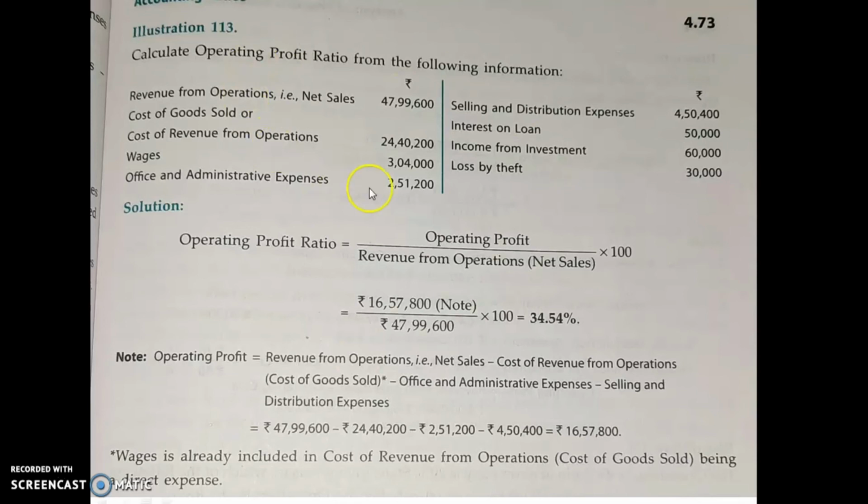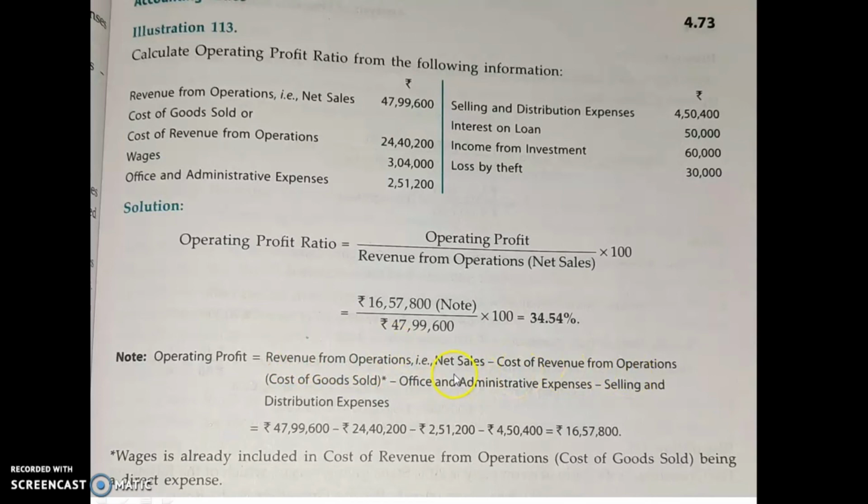So income items, that is operating income items, are not here. The income from investment is a non-operating income. So you have to be careful when you are identifying the items, whether it is operating income or non-operating income. Okay, children. So here we can use the formula: operating profit is equal to revenue from operation minus cost of revenue from operation.